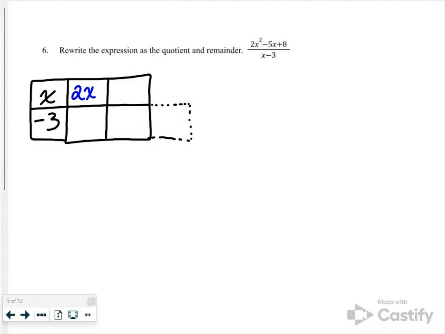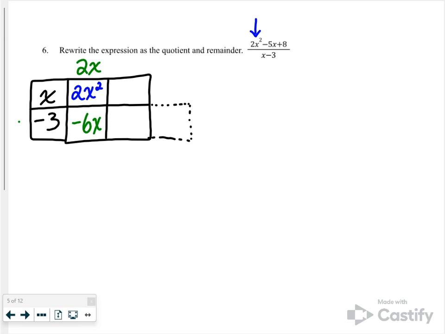5x plus 8. So this first box has to be a 2x squared, and that's because we know that 2x squared is the result. When we divide, we need to use a 2x to create that 2x squared. And when I have a 2x times negative 3, we're going to get negative 6x.